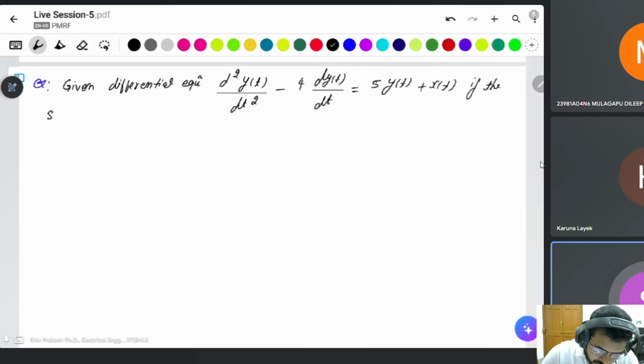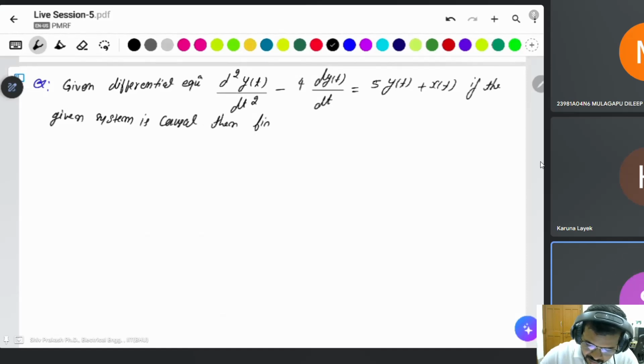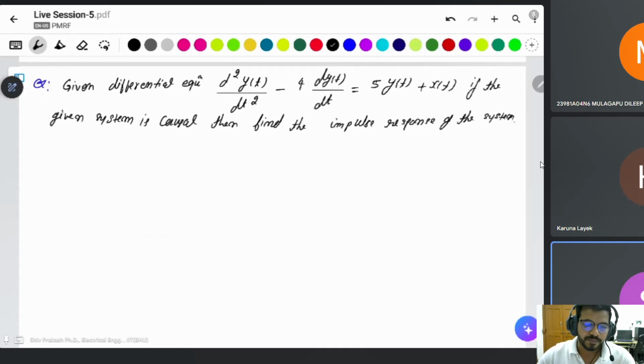If the system is causal, the given system is causal, then find the impulse response of the system. The system is given as first one causal.